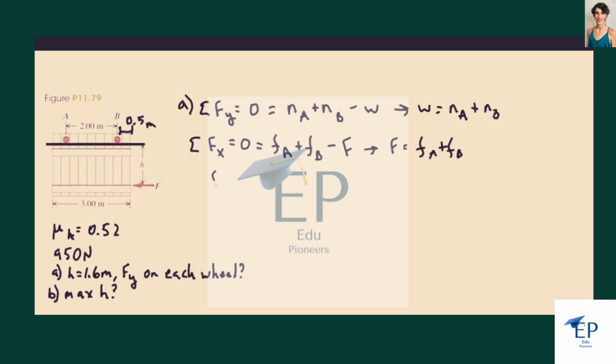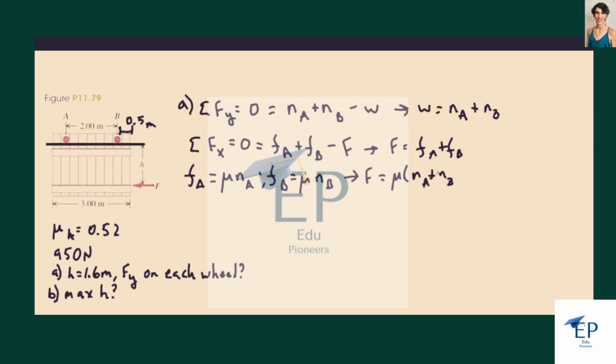So now fA we know has to be equal to the coefficient of friction times the normal force, and similarly for B. So this lets us find the force being applied: it is the coefficient of friction times the sum of the normal forces.